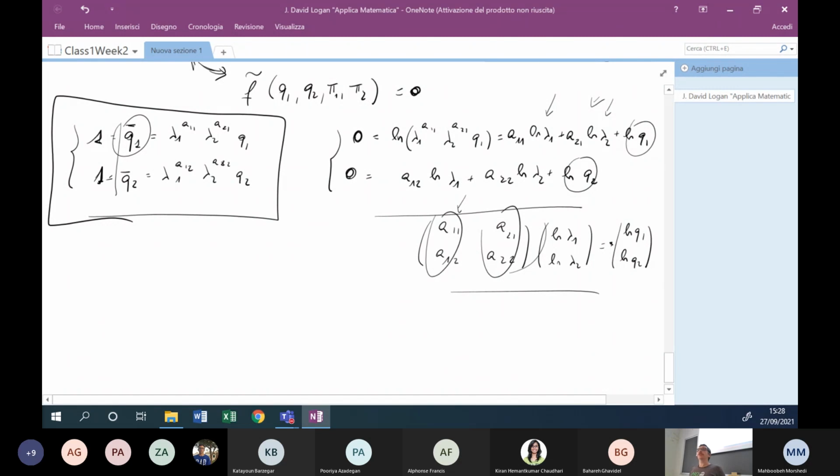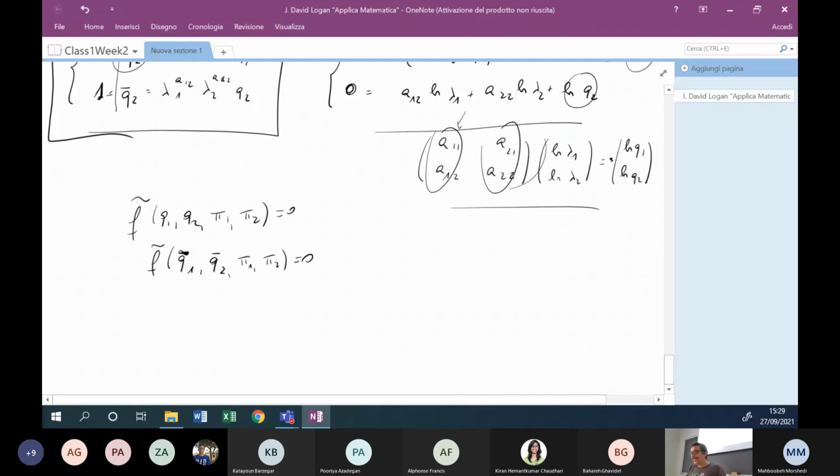Now, since a physical law does not change if I rescale the quantities, if this physical law is true, then this other one is also going to be true: f tilde of Q bar 1, Q bar 2, pi 1, pi 2 equal to 0. Since I can do the rescaling in such a way that Q bar 1 and Q bar 2 are exactly equal to 1, I will have f tilde of 1, 1, pi 1, and pi 2 equal to 0.